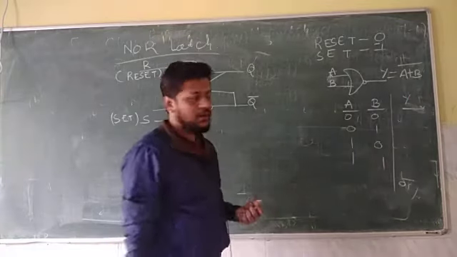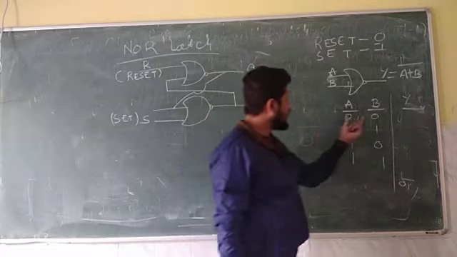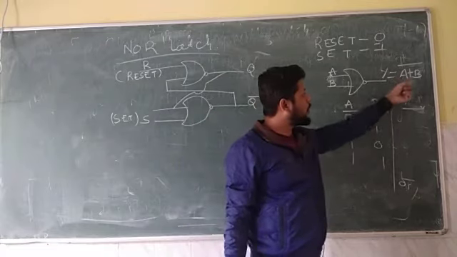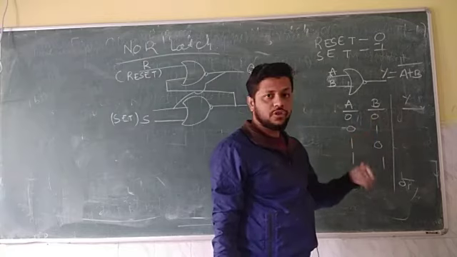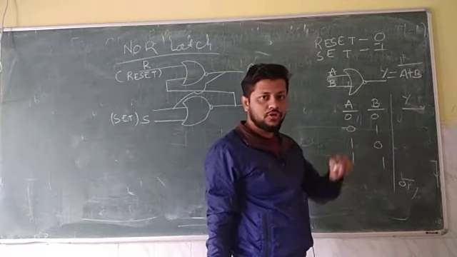When A, B is 0, 0, then 0 plus 0 is 0, and 0 complement is 1.